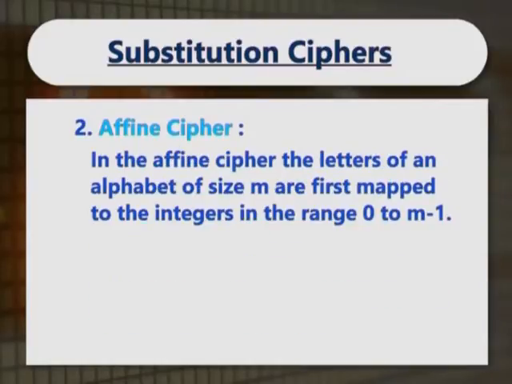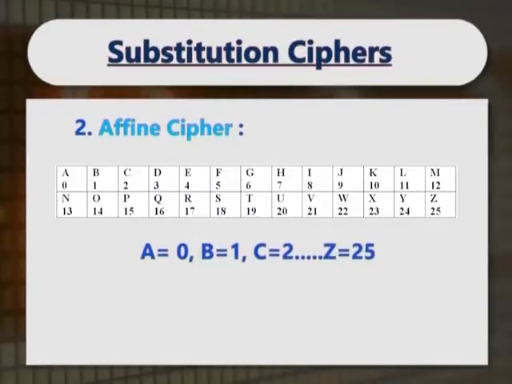In the affine cipher, the letters of an alphabet of size m are first mapped to the integers in the range from 0 to m minus 1. First, we translate all of our letters to numbers, that is A equal to 0, B equal to 1, C equal to 2 and so on, and Z equal to 25.